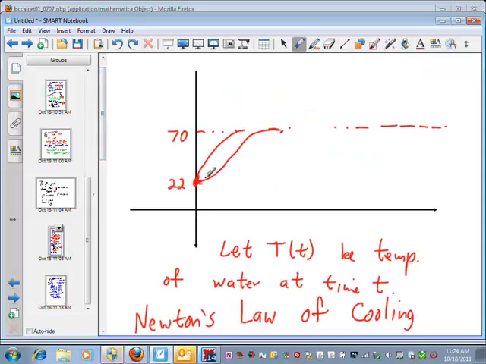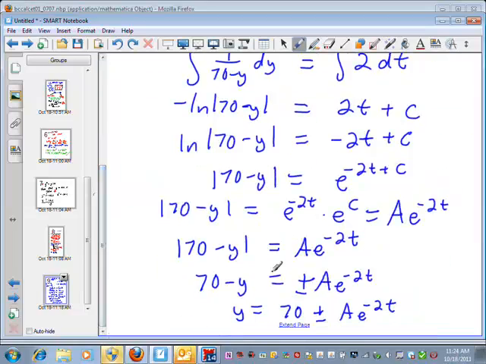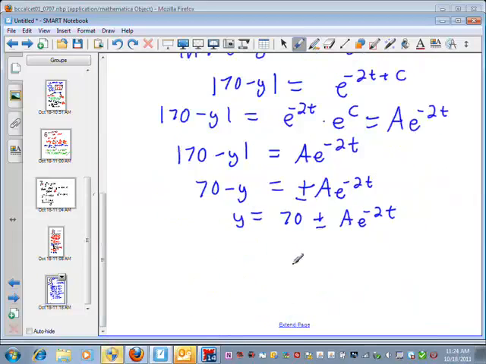Right. It should be negative. That's right. That's really good. Both of you. For that one question at least. So y of t is equal to 70 minus ae to the minus 2t.